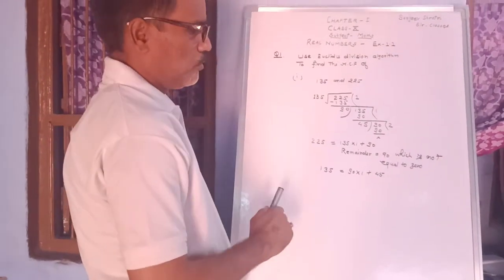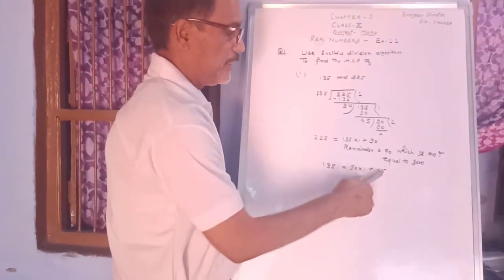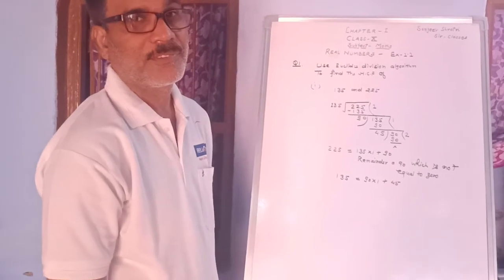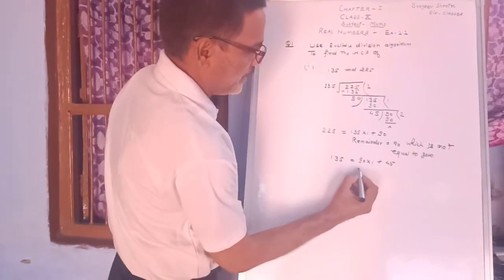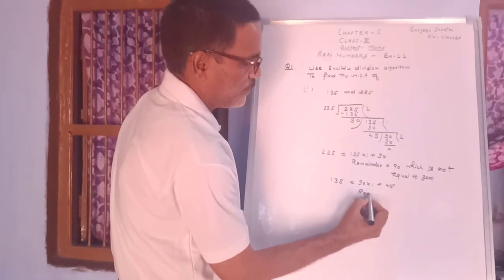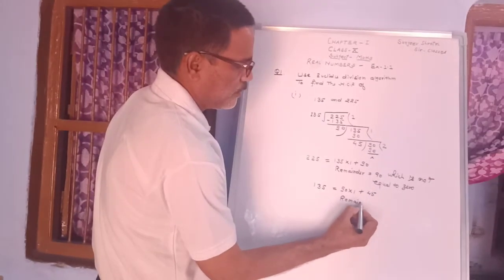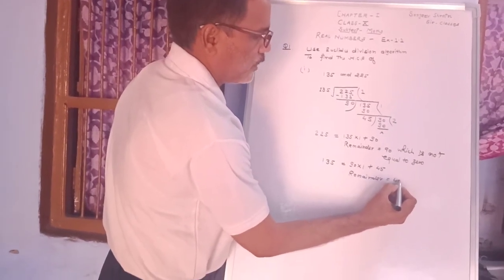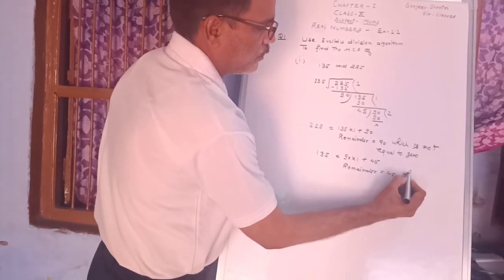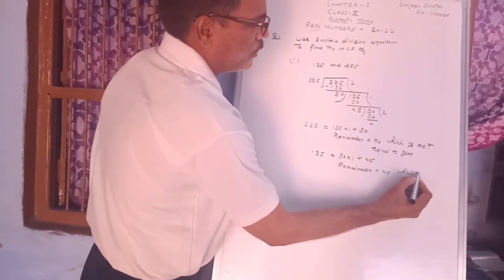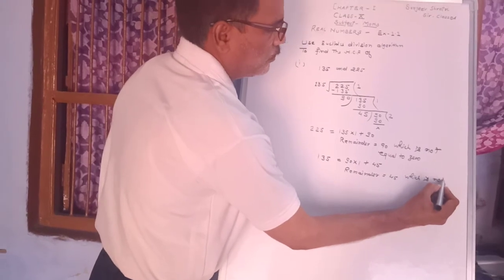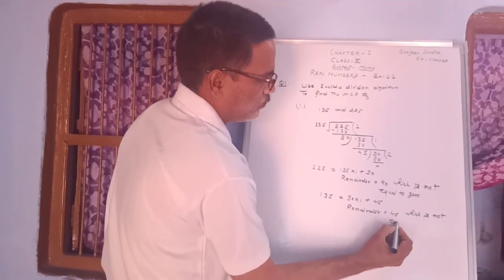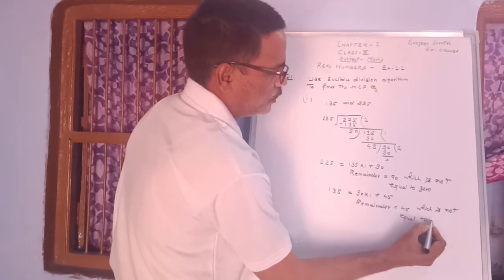Here we also notice that the remainder is not equal to 0. Then again the remainder is equal to 45, which is not equal to 0.